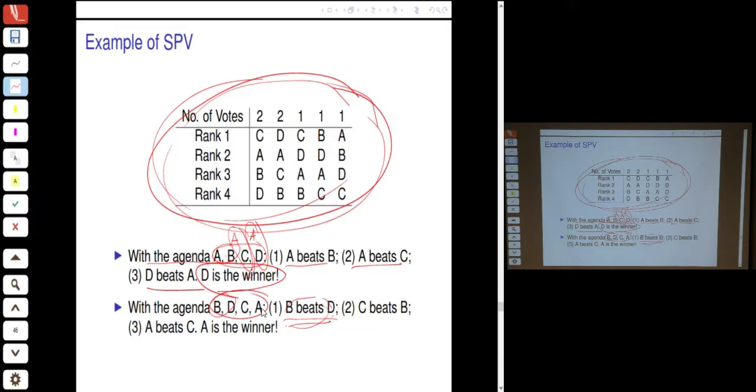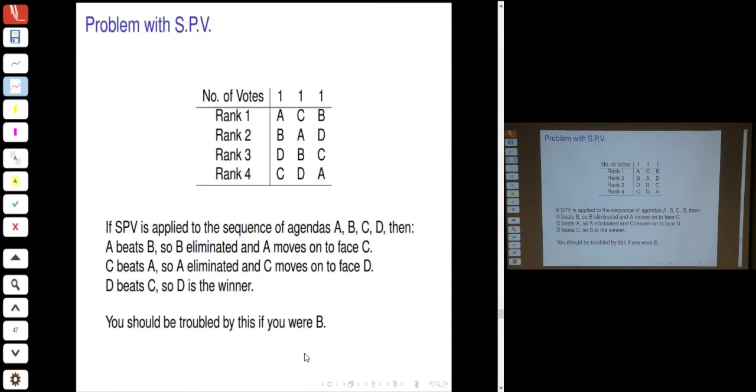B has already beaten D, then C will beat B, then A will contest against C, and C will beat A, so C is the winner. So, by changing the schedule, you can change the winner. This is one of the main problems with SPV. If SPV is applied to the agenda A, B, C, D, then D is the winner, but if it is applied to a different schedule, then someone else is the winner.